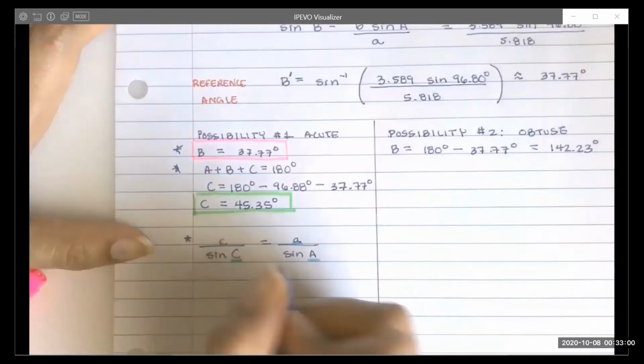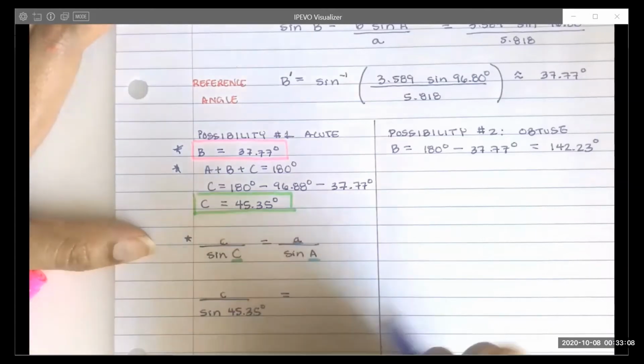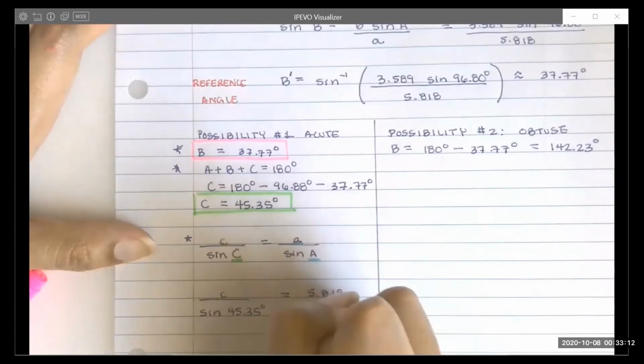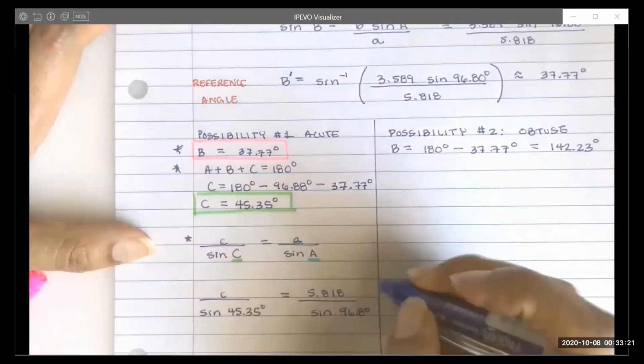We're going to get C over sine of angle 45.35 degrees is equal to 5.818 divided by sine of angle A, which was 96.80.